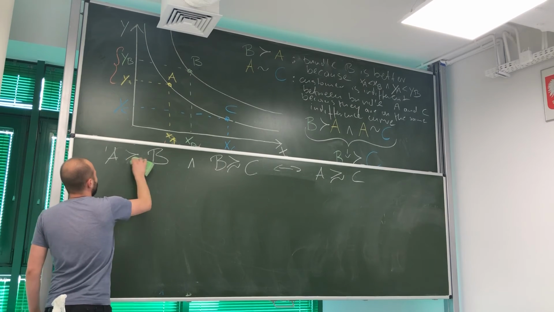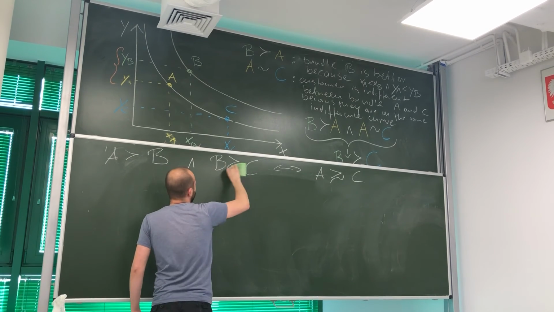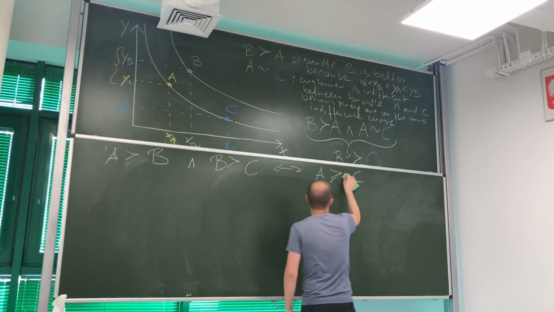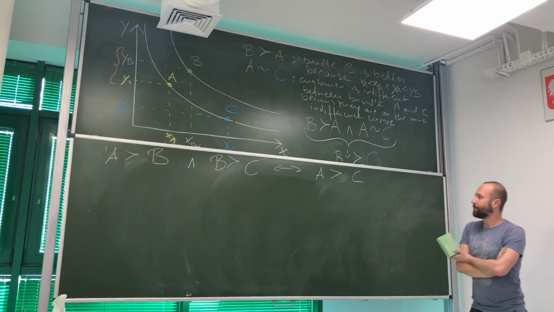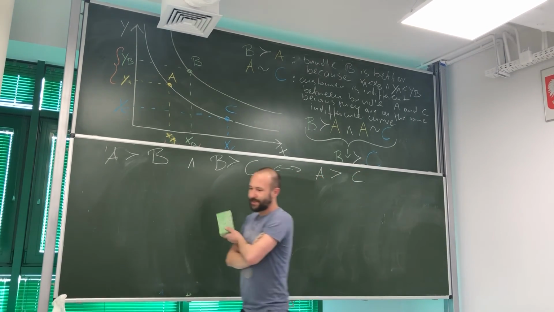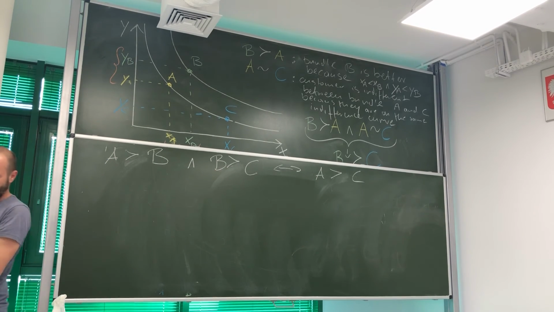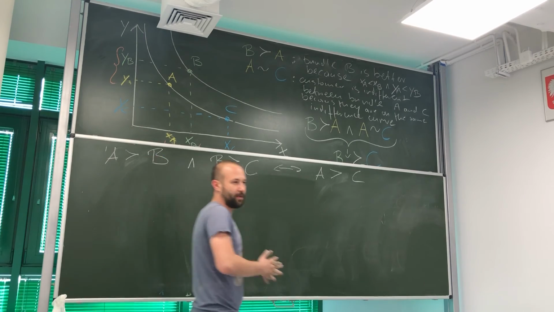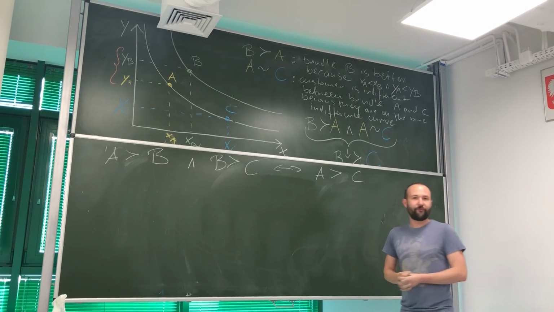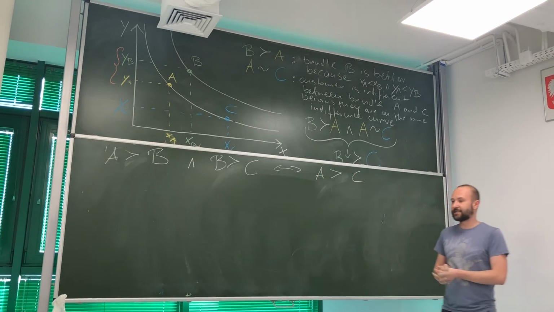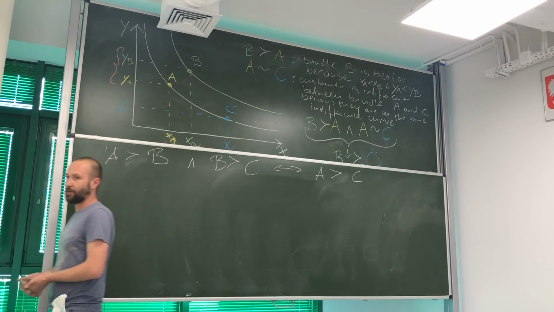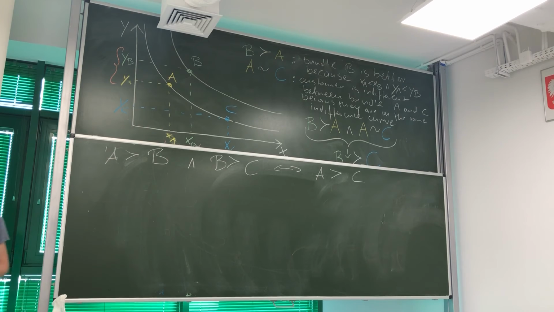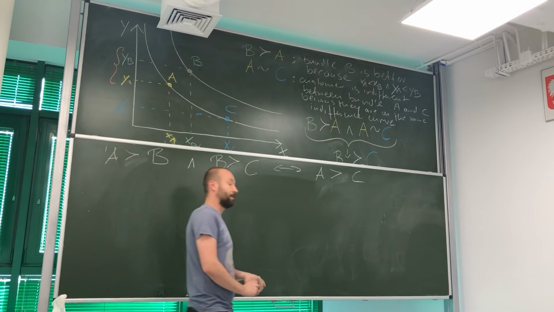Let's use strict inequalities here. It still should hold. And look, does it make sense? When you think about it rationally, this is how it should be, right? If you prefer ice cream to cake and cake to apple, you should definitely prefer ice cream to apple.